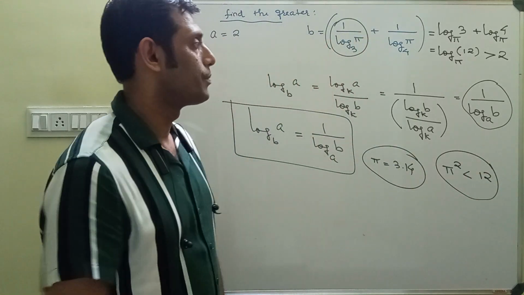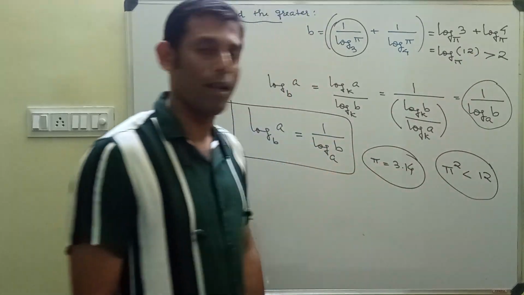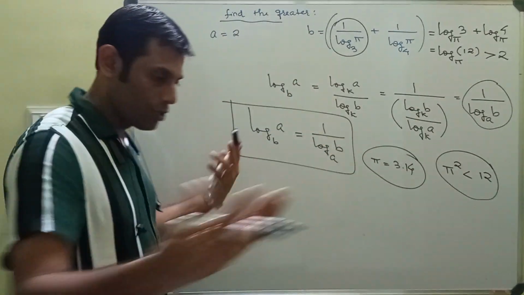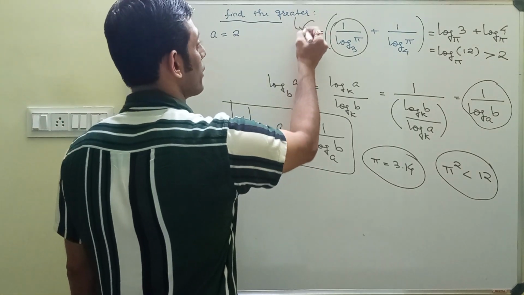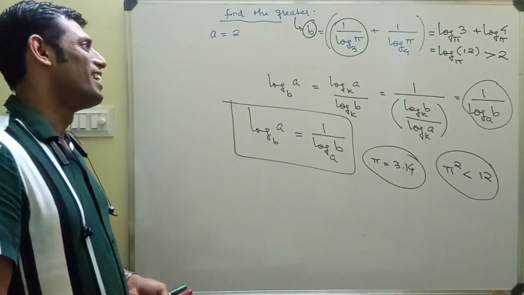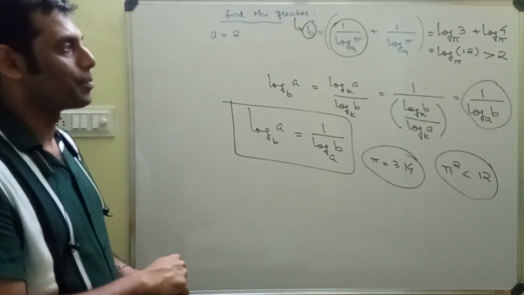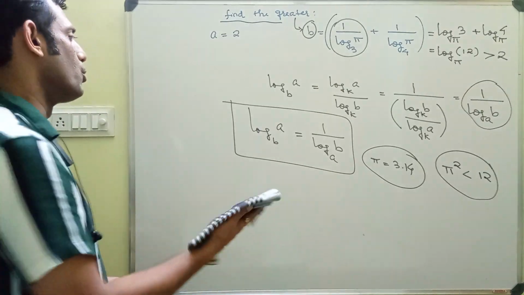Pi power 2, pi square will be less than 12. That means your question is solved. Who is greater? B is greater. This B is definitely greater than A. Let's go to one more.